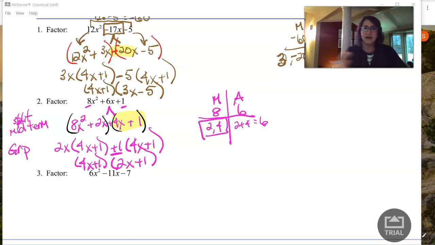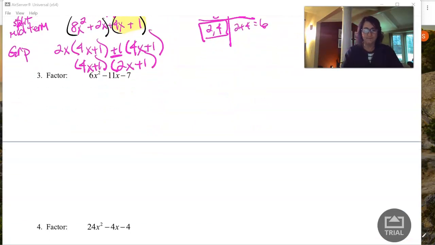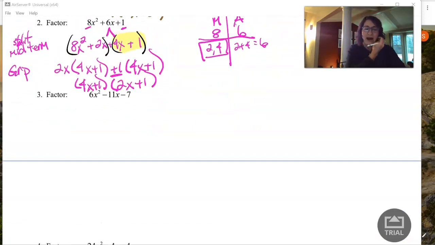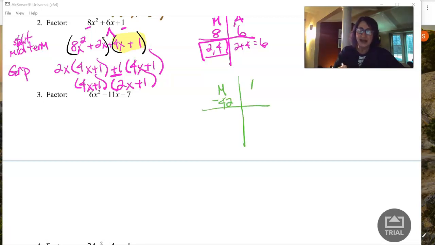Let's go ahead and do one more. So I've got 6 times negative 7. So I'm going to multiply to get negative 42. But then it's going to add to negative 11. All right.